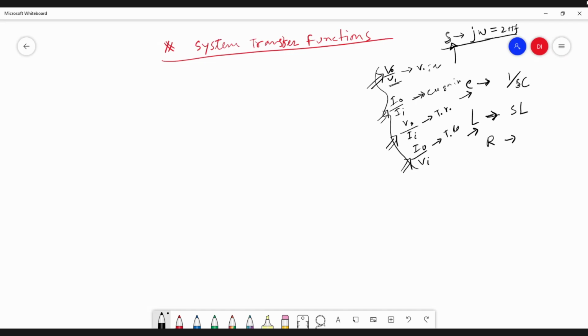Usually we use the voltage transfer function more. So this is the voltage transfer function, this is the current transfer function, this is the trans-resistance transfer function, and this is the transconductance function. These four types of gain we will see in details when we analyze the feedback circuit later on.